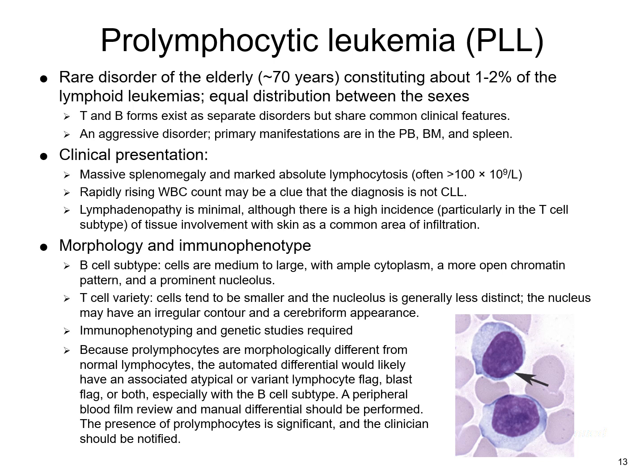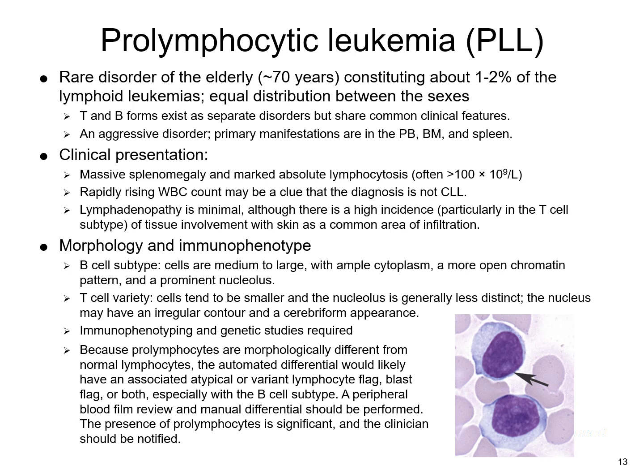The T cell variety tends to be smaller and the nucleolus is a little less distinct, so it is a little harder to differentiate these cells because they can look very similar to other mature T cell malignancies.